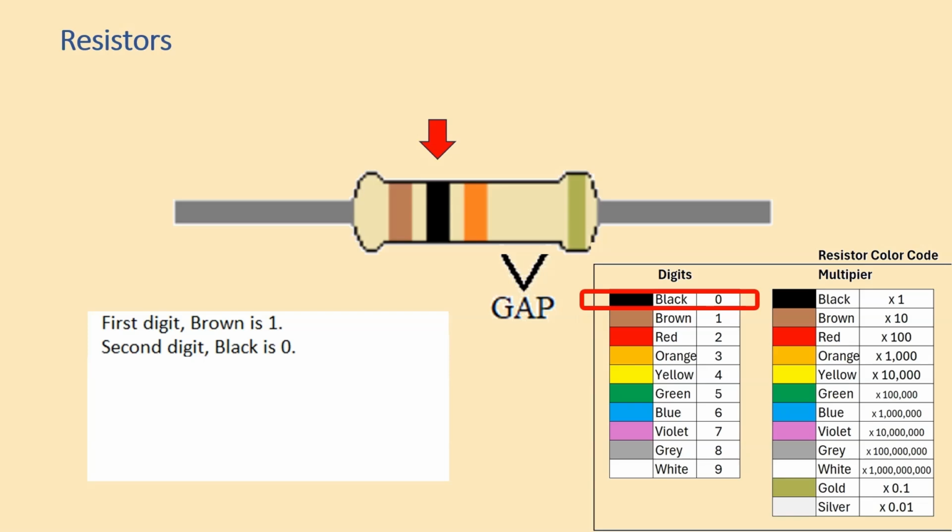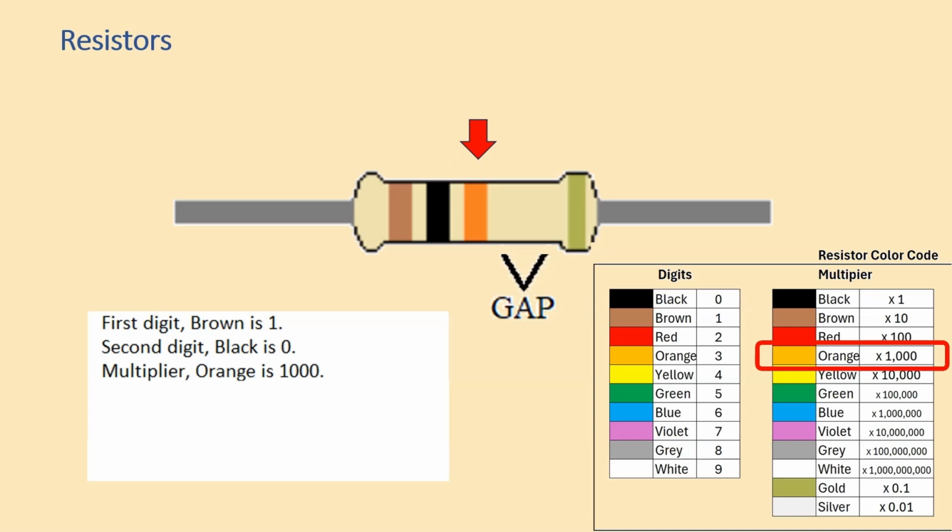That is black, and we are still looking at the chart for digits, and black is 0, so the second digit is 0. Now we get to the last color band in this grouping for resistance. The last band of this group, before the gap, will be for a multiplier. It is orange, so the multiplier is 1000.